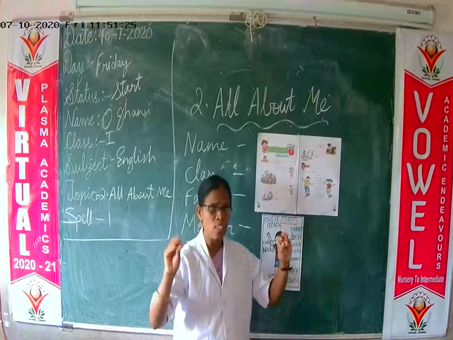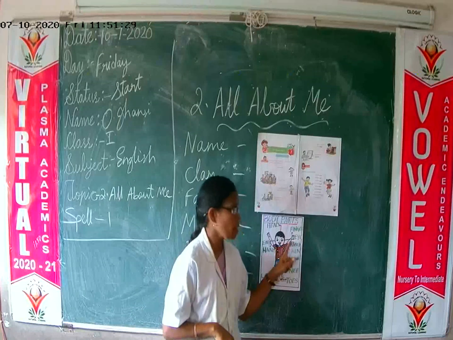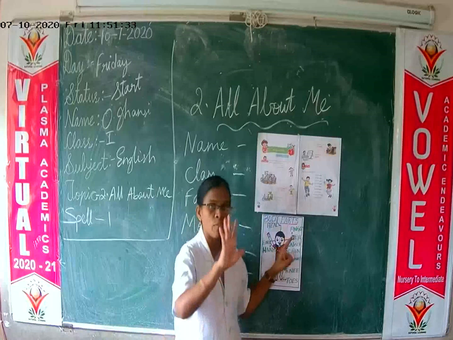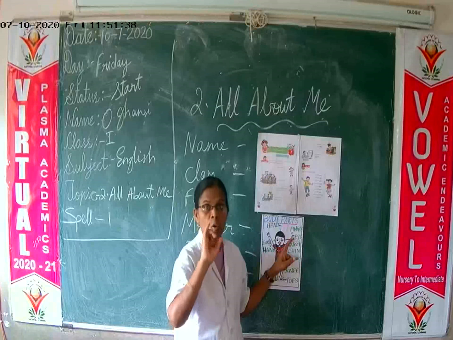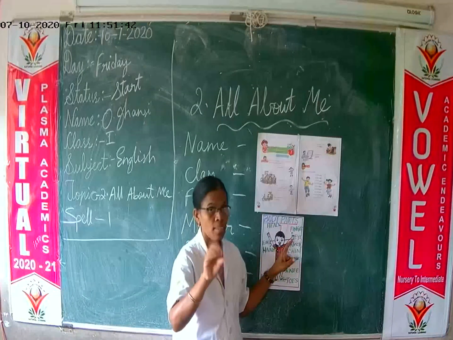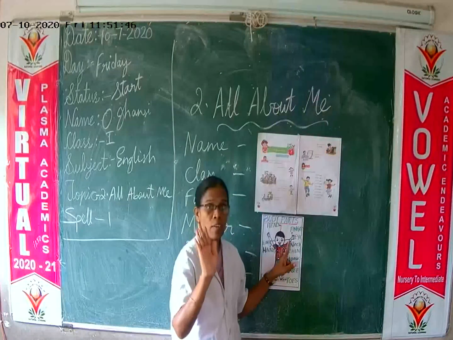So 2 hands we have the fingers. So on each hand, how many fingers do we have? 5. On each hand we have 5. 1, 2, 3, 4, 5. Yes? On each hand we have 5 fingers.